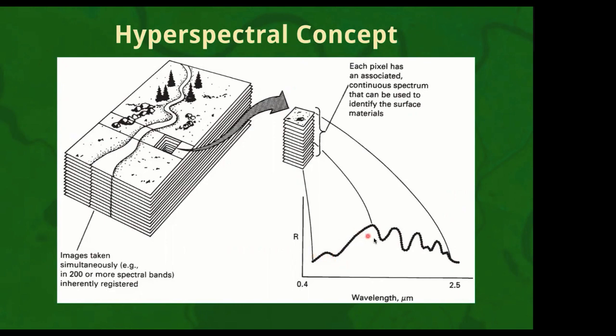So it really looks different than the 4-band spectral signature from Ikonos, or maybe 6 bands from Landsat. When you have 200 bands, you can really see how the details change across the whole portion of your EMR wavelengths.